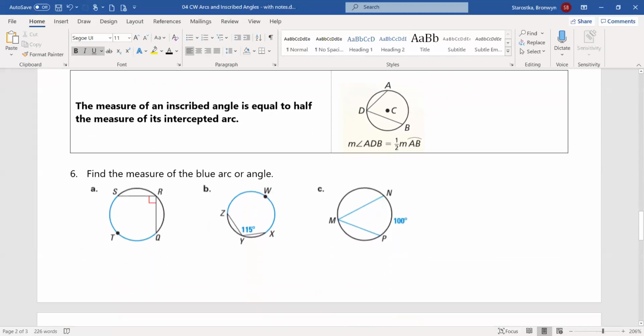All right, so we want to find the measure of the blue arc or the blue angle. In A, we're given the measure of angle R is 90 degrees. It's half the arc, so the arc STQ must equal 180 degrees. In problem B, we're given angle Y equals 115 degrees.